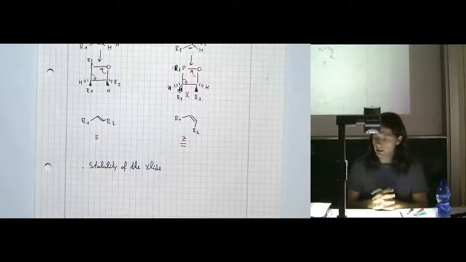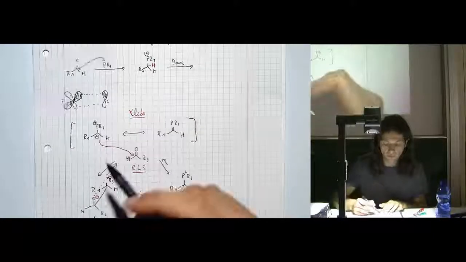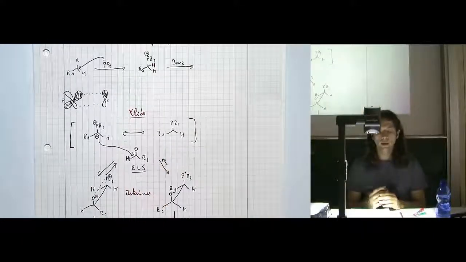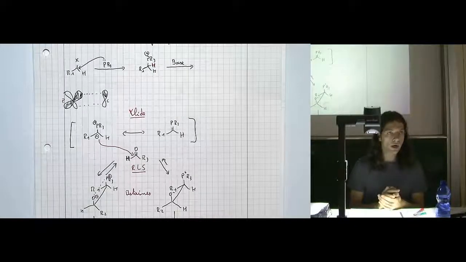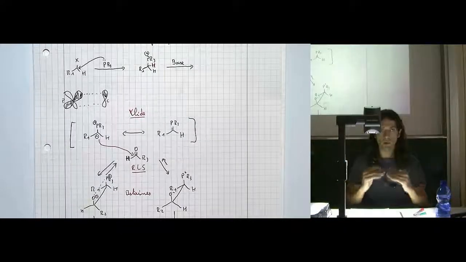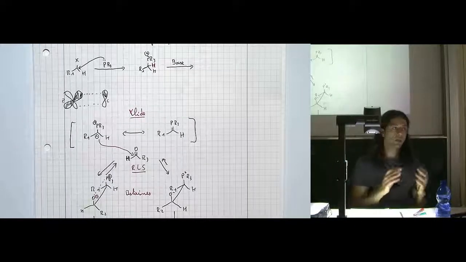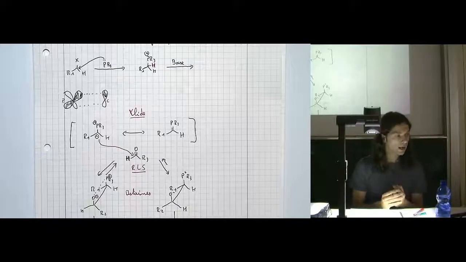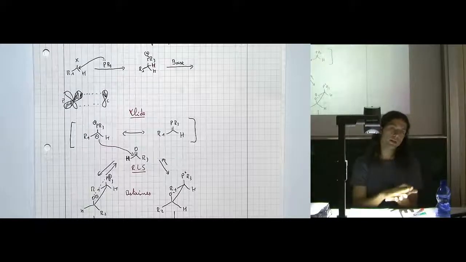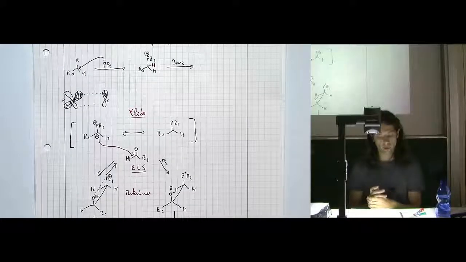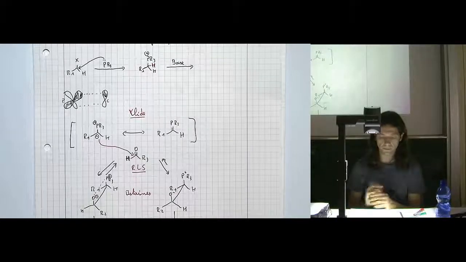Of course, the stability of this ylide is not only coming from these two different groups, but also from the environment. So polar solvents interact better with charged species, and then stabilize even more the ylides. Okay, and the presence of salts, the presence of ions, the same story. The ions stabilize the charges in the medium and give rise to more stable intermediate species.